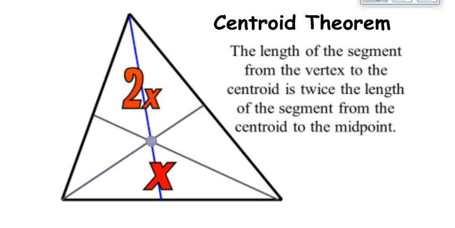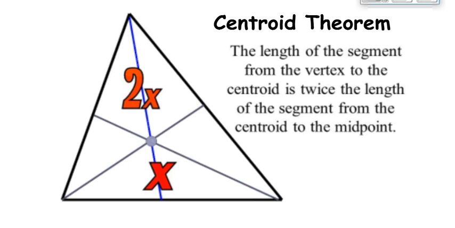Another thing I want to mention about the centroid is sometimes you're not going to see it written as this. This is the easiest way that I found to remember the relationship between the longer segment and the shorter segment.